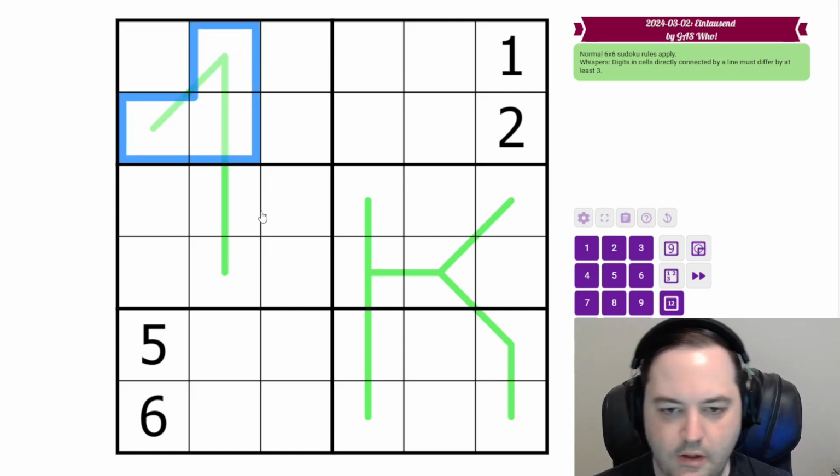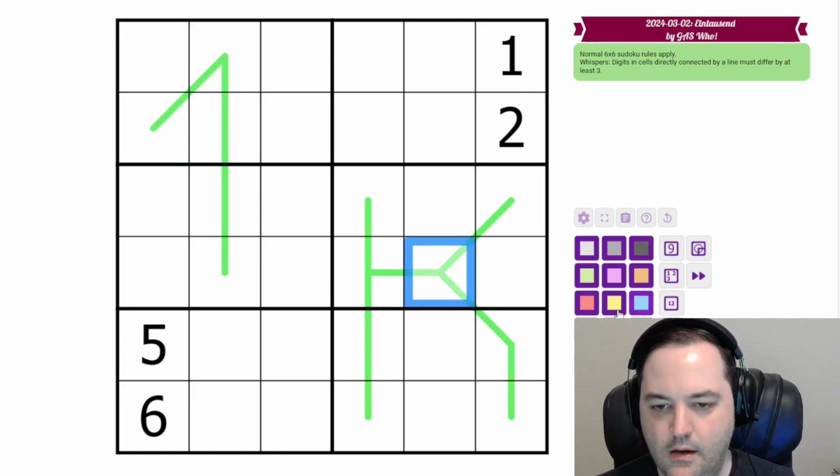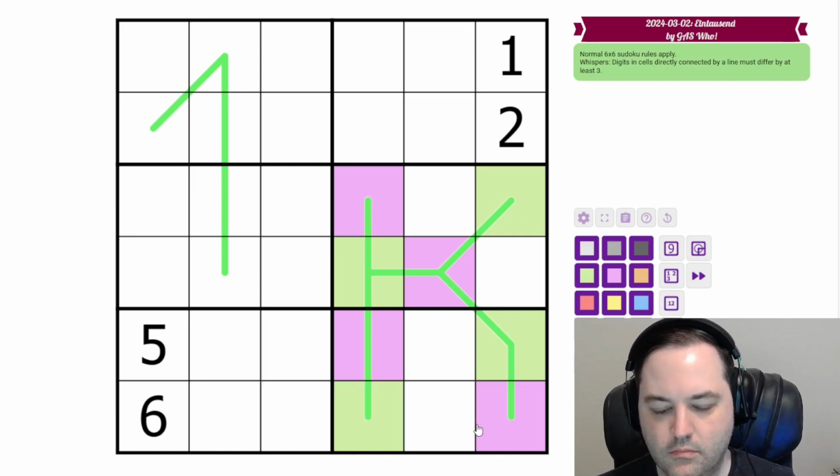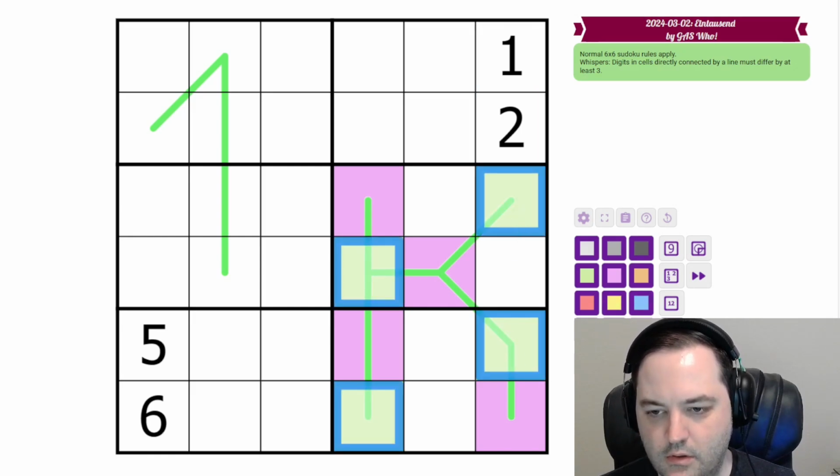So we're going to alternate, and I'm just going to pick this to be purple. These are green, this is purple, this is green, these are purple, this is green. And now we can think about what color is. We already have a 1 and a 2. They're low. So green cannot be low. That would give us too many low digits.